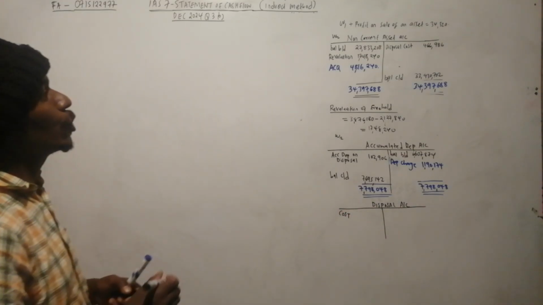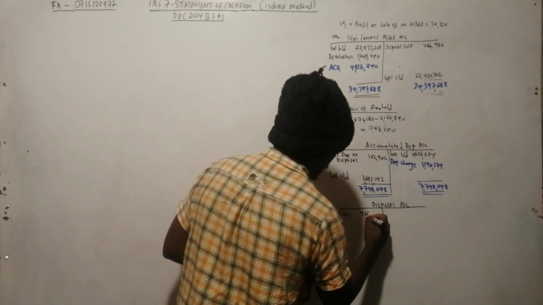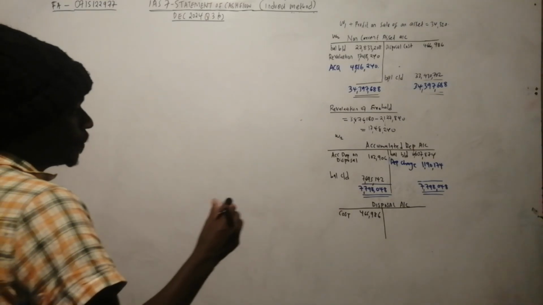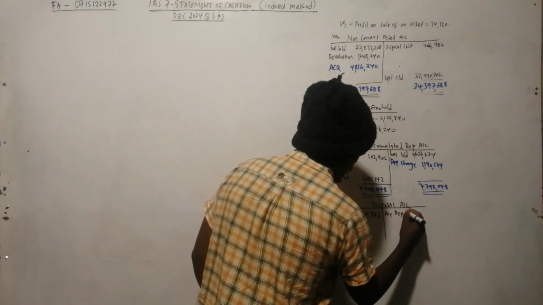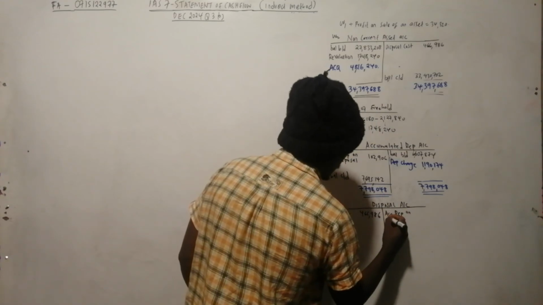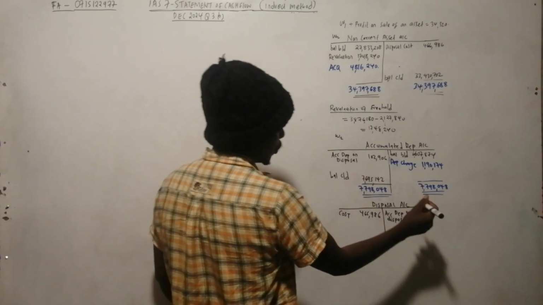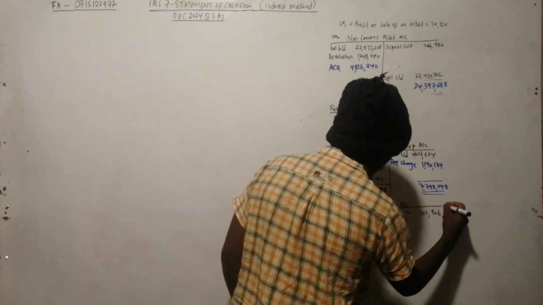The cost of the disposal was there at the top, 466,986. Then you check the accumulated depreciation on disposal, which is 102,906.